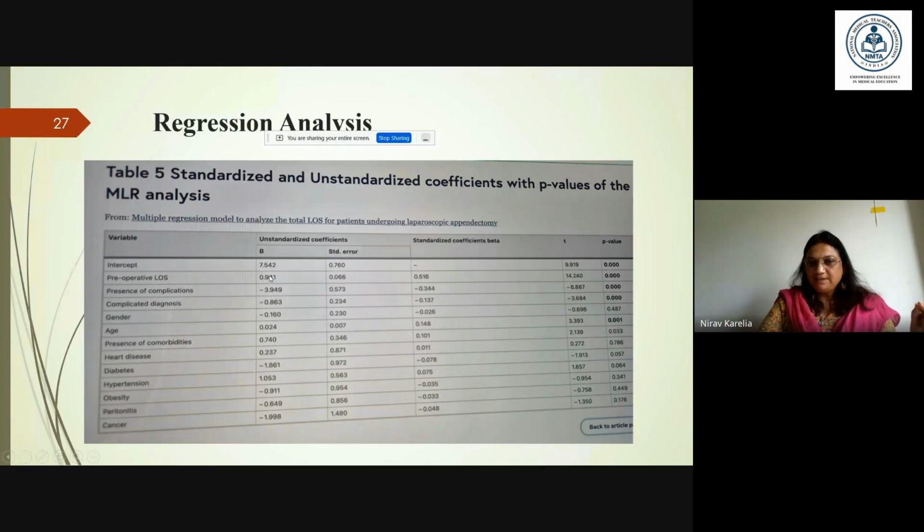When I do this, I consider that all other variables remain constant, with no change in them. The unstandardized coefficient reflects this. Suppose I consider gender: if gender is male, what is the length of hospital stay, and when gender is female, what is the length of hospital stay, considering all other variables constant. The unstandardized coefficient reflects this.